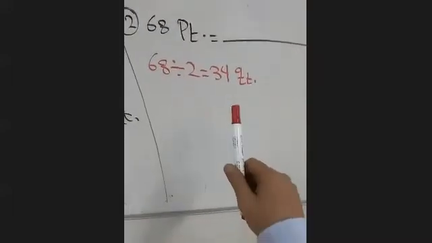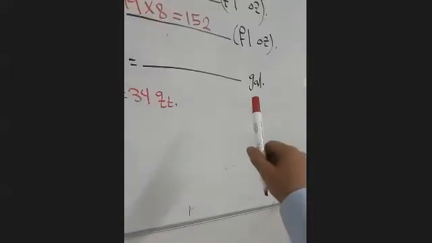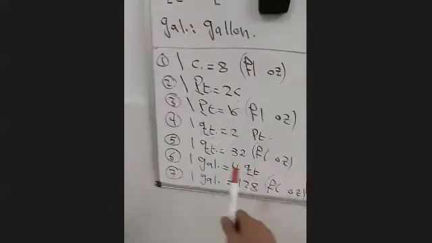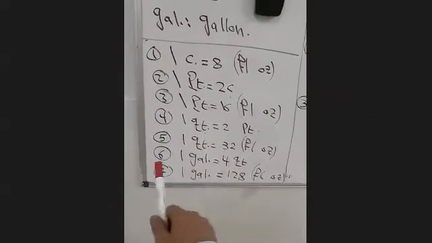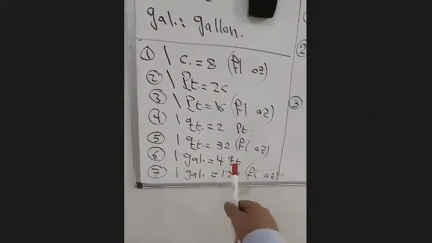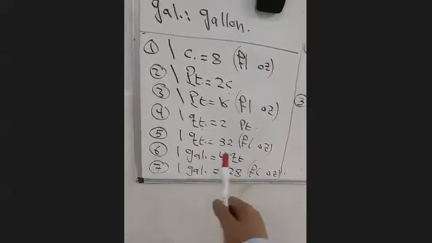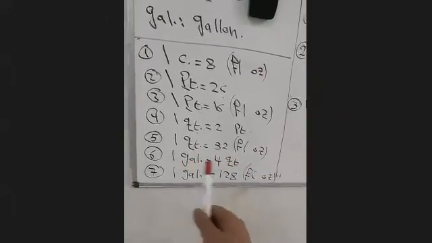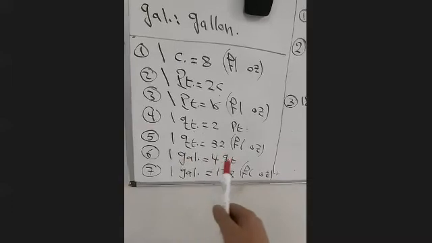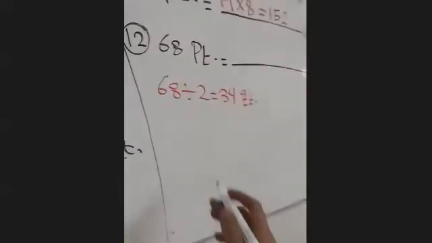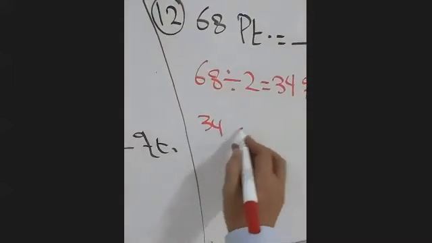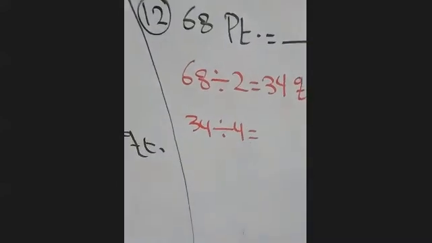Now, can I turn the quart to the gallon? From a quart to gallon, I will use formula 6. Now, from a quart to where? To gallon. How? What will we do? By dividing by 4. Exactly. So now 34 divided by 4 equals.